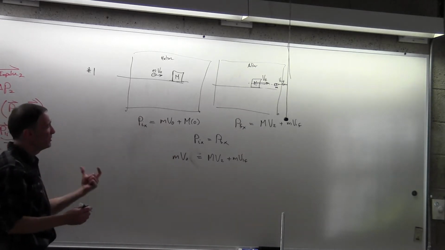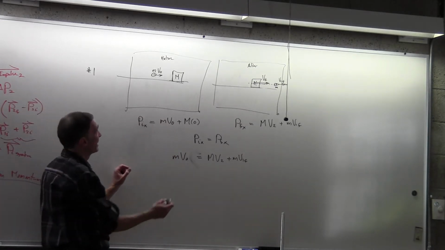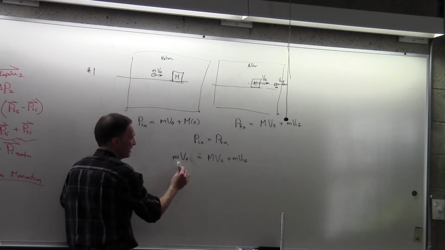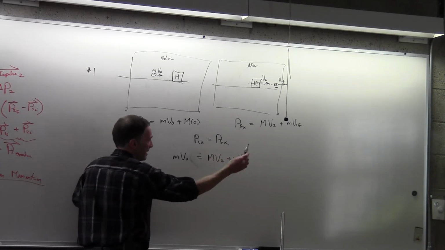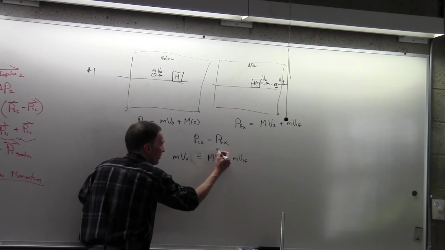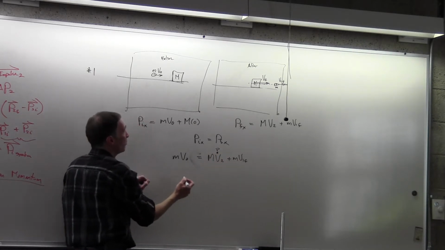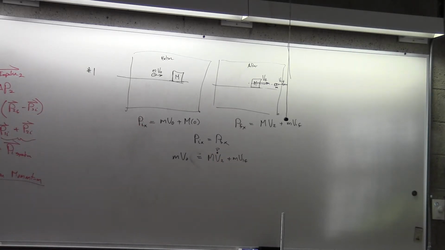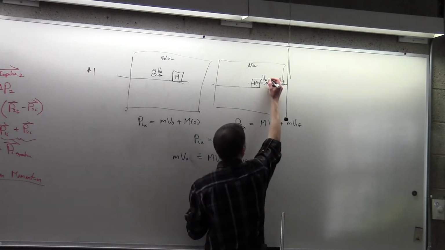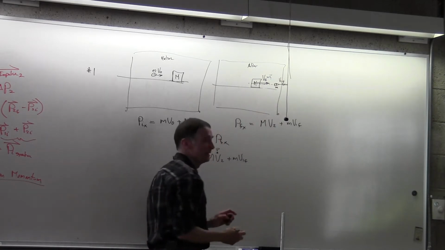The thing that he gives you in the problem is the initial speed of the bullet, the mass of the bullet, and the mass of the block. The only thing he doesn't tell you is the velocity of the block. Okay? And so you end up finding what that velocity is from momentum.